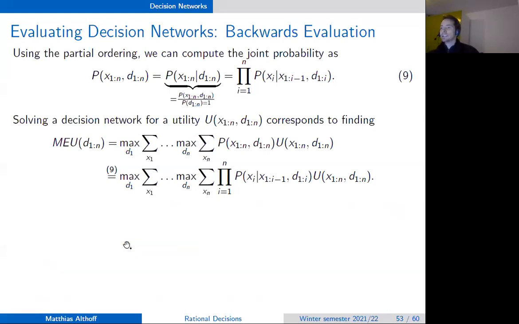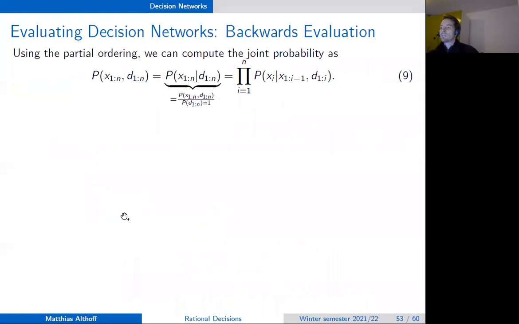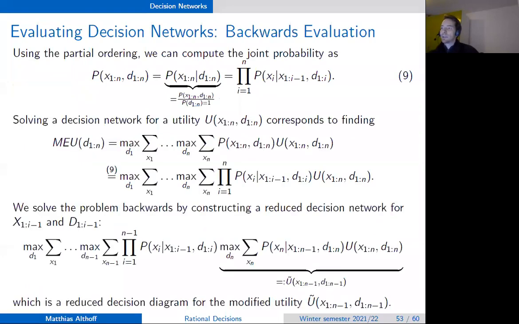So that was what we discussed here, that essentially you want to have a policy that, given previous decisions and previous values, tells you the next optimal decision. And these policies have to be computed sequentially, starting from the last decision to the first decision.